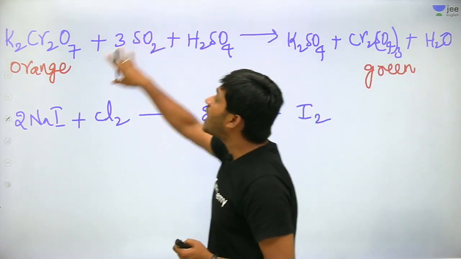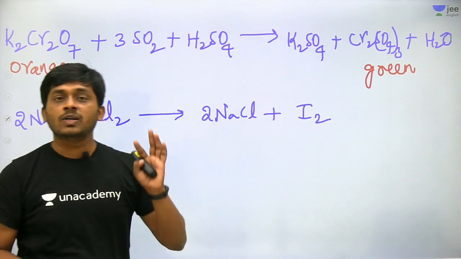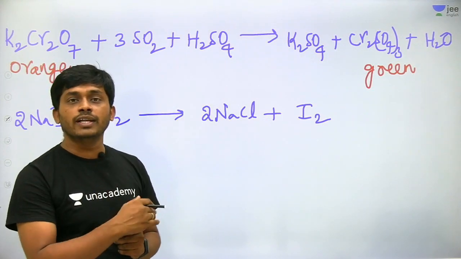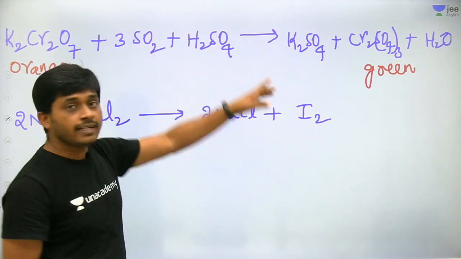When SO2 is passed, dichromate color changes from orange to green.